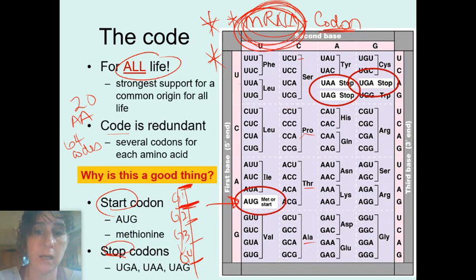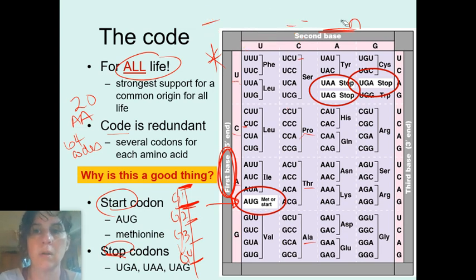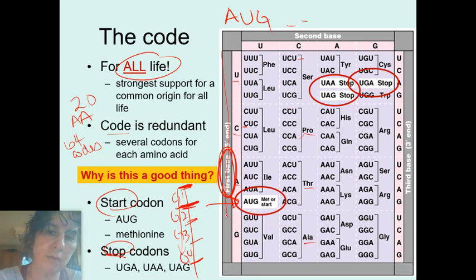Okay, going back here, my first base is the first one right here. So you would find the U, C, A, or G. So if I gave you a code, let's practice. If I gave you the code AUG to look up, for your first base you look down this side right here. So I come down and I find my A, and say, okay, there's A right there.